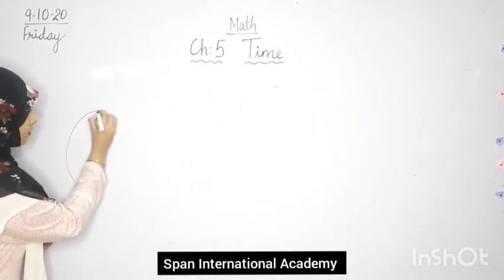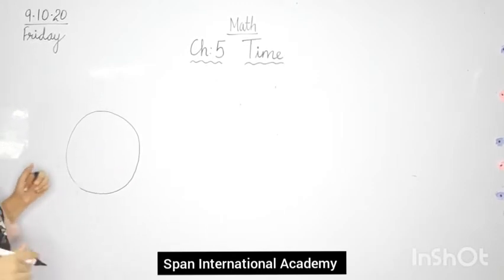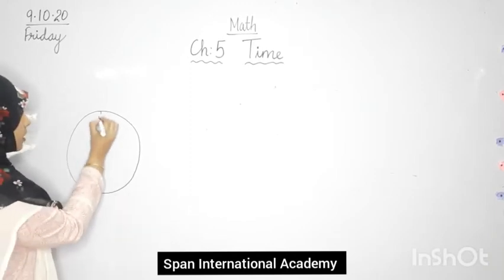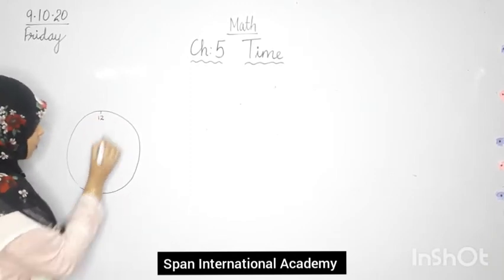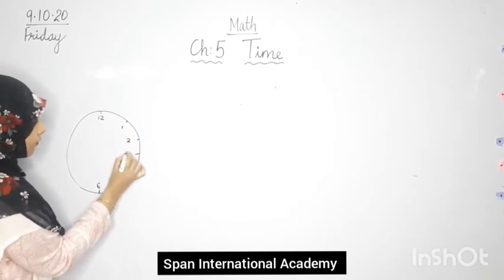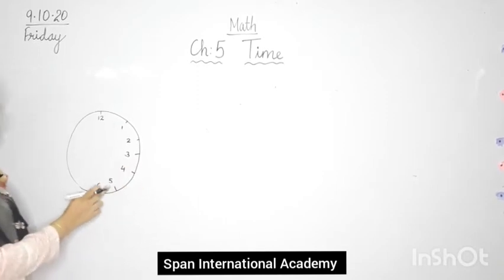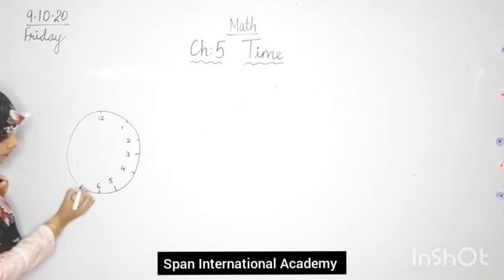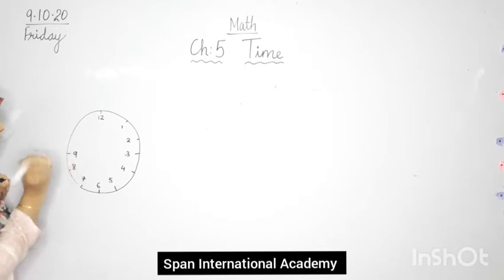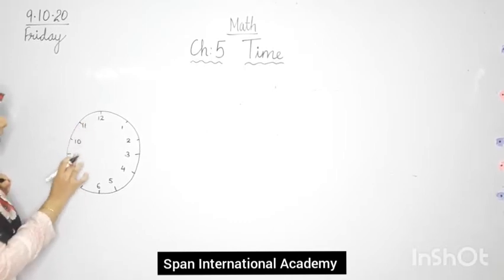Yes, a clock can be of any shape. It can be round or it can be a square shape. And in the clock, we have numbers 12, 1, 2, 3, 4, 5, 6, 7, 8, 9, 10, 11.